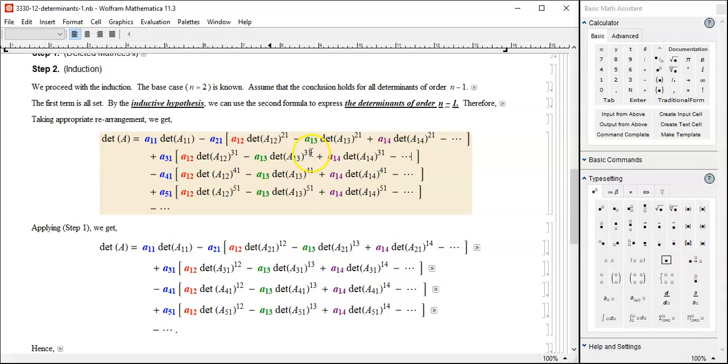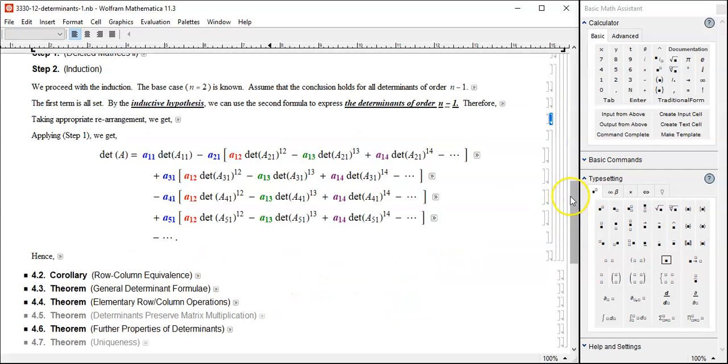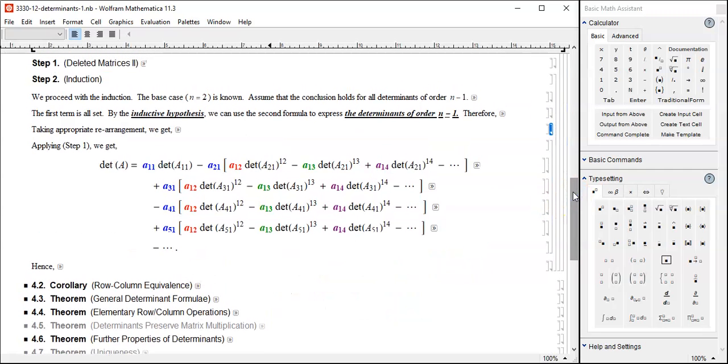A1231, A1331, A1431, change all those to A3112, A3113, A3114, and so on. We went through this switching, changing the order thoroughly in step 1 in the previous video, so let's not worry too much about it. So these became those, so we are up here.